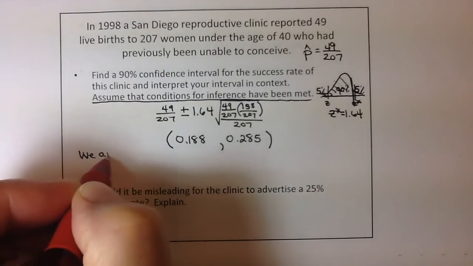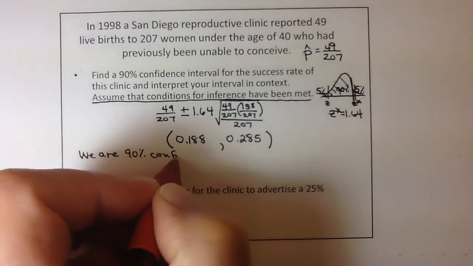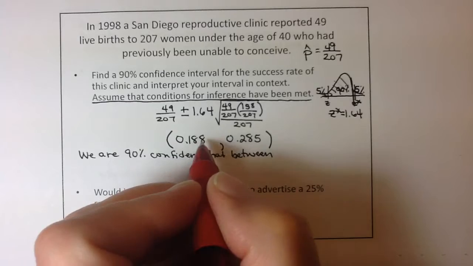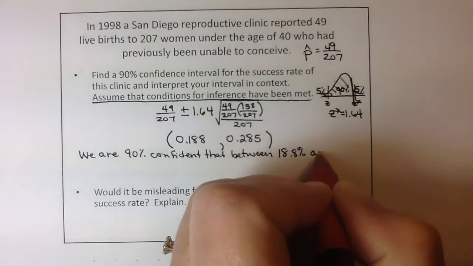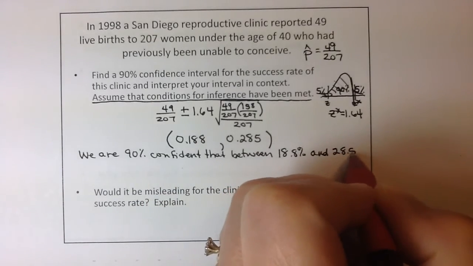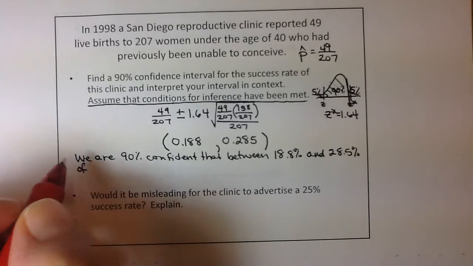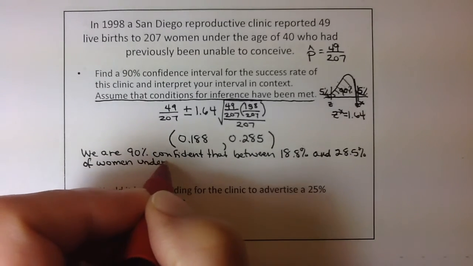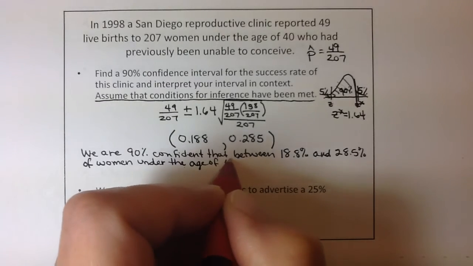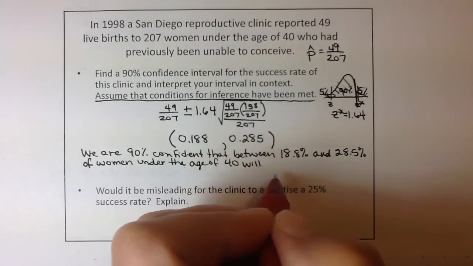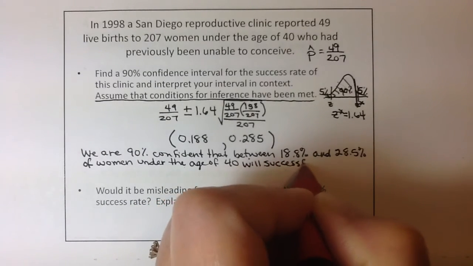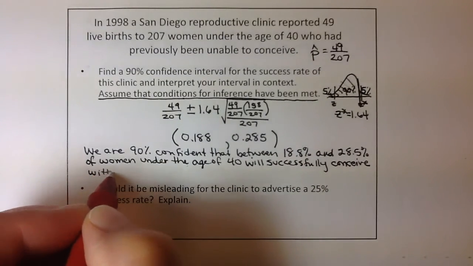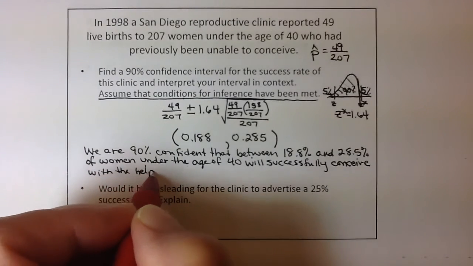So we are 90% confident that between 18.8% and 28.5% of, all right, let's get our context, women under the age of 40 will successfully conceive with the help of this clinic.